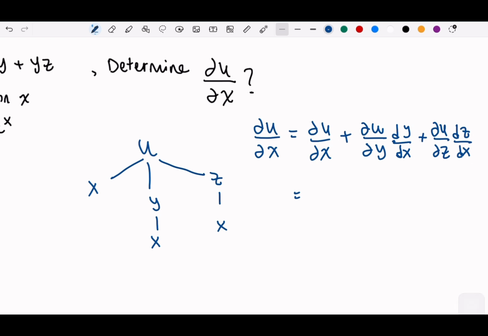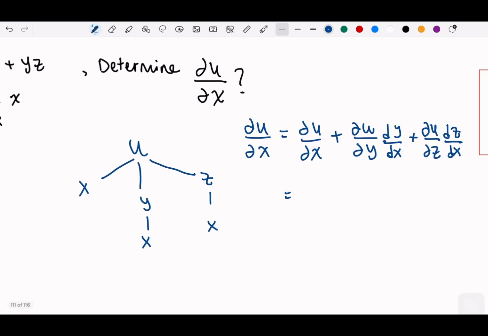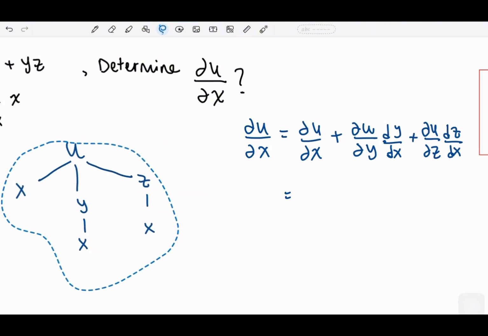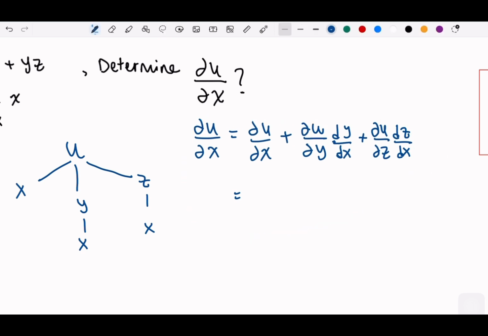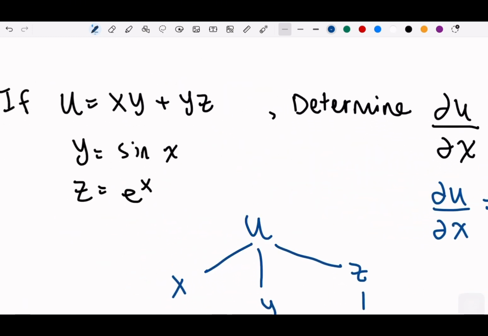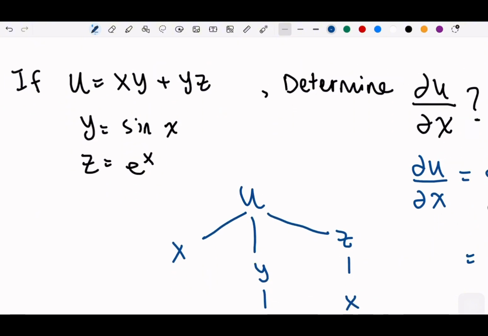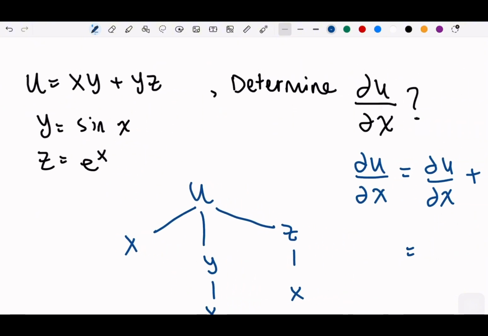Before we continue here, we need to be careful. Whenever we have this, it means that we need to compute each one of the partials. For example, the dx that we have, then we have a connection with y and t.